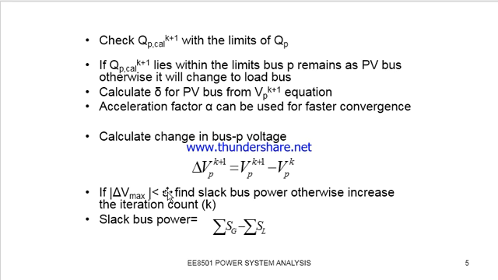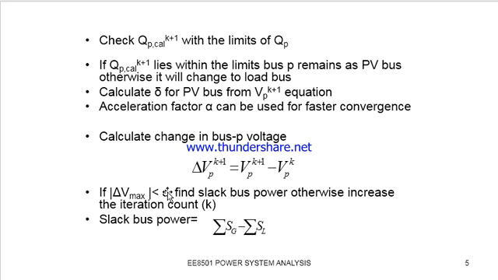So checking of Qp value is a highly important one. After that, we have to calculate the del value for the PV bus from the Vp k plus 1 equation. The acceleration value alpha can be used for a faster convergence. And next, we have to calculate the change in the bus p voltage. So del Vp k plus 1 is equal to Vp k plus 1 minus Vp k.